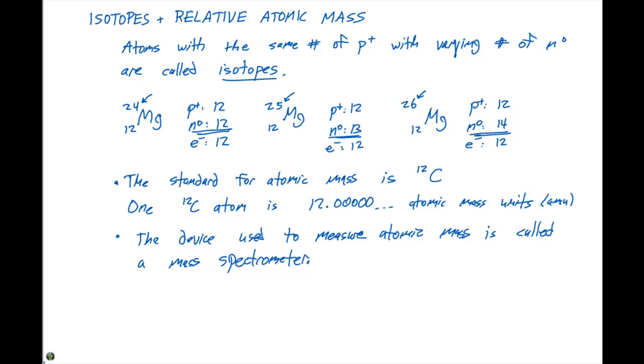And this is going to allow us to look at various isotopes, and to figure out exactly how many isotopes we have.